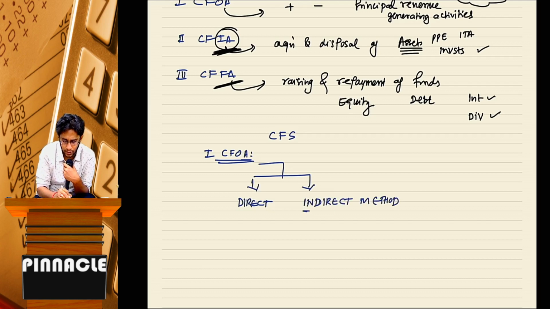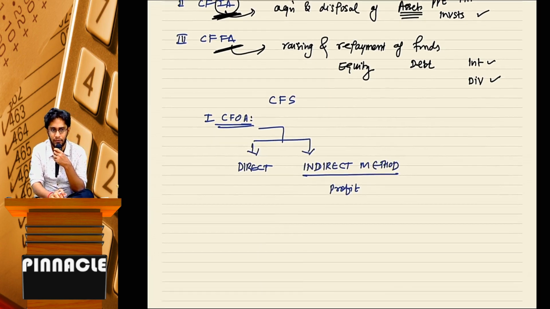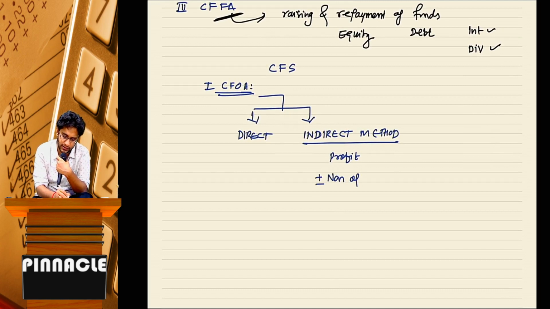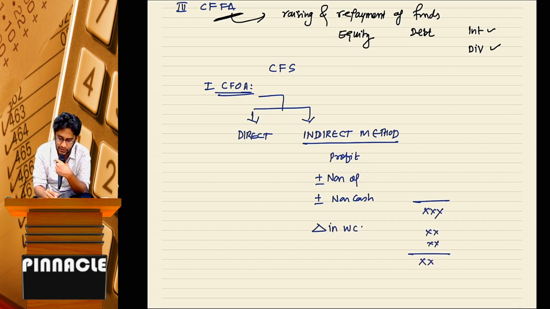In the indirect method, what we used to do is, we used to take the profit before tax of the company. In our profit, whatever non-operating items, plus or minus, similarly non-cash items, you adjust, then you will get one number. To that you will do something called changes in working capital. So some plus or minus will come. Here one final answer will be there.